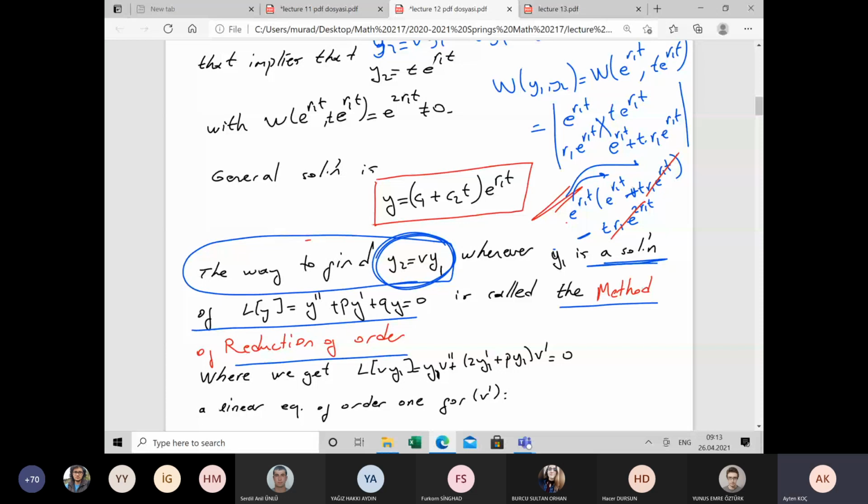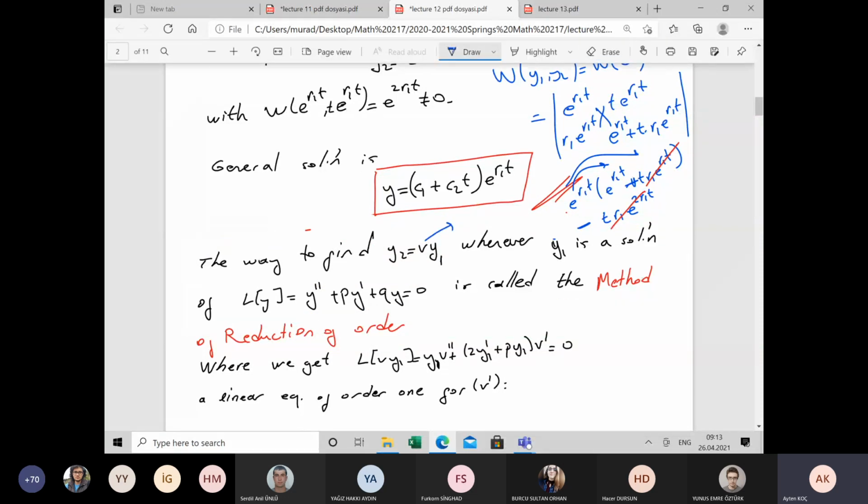Reduction of order. So what is this method? We claim that this one is a solution. This means that for our differential equation L of y equals 0, if y sub 2 is a solution and satisfies it, then L of y sub 2 should be 0.